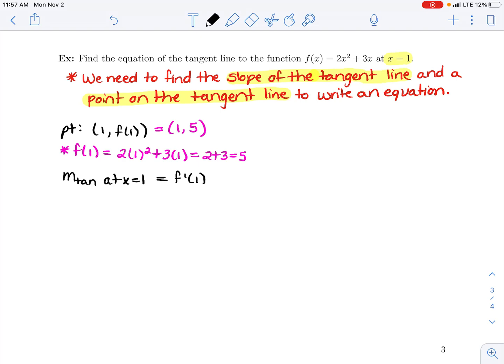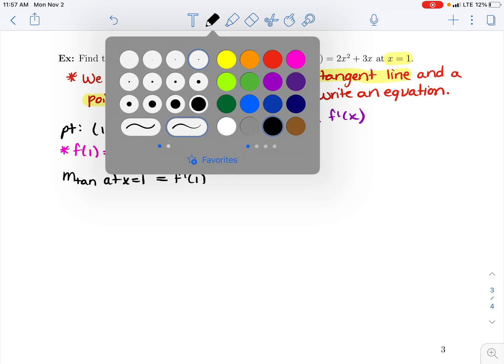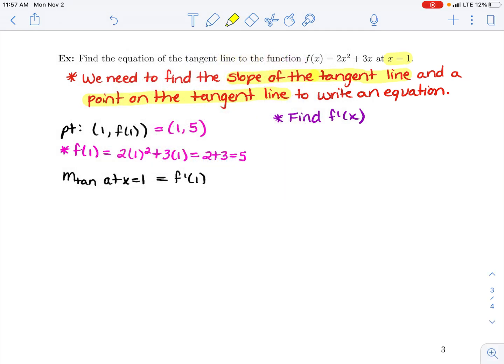So here I'm going to find f prime of x. Okay, and so I'm going to look at my function now and find the derivative of that function. So we know that the derivative of my function f is going to be the derivative of the first function plus the derivative of the second function, because see how it's a sum of two functions?